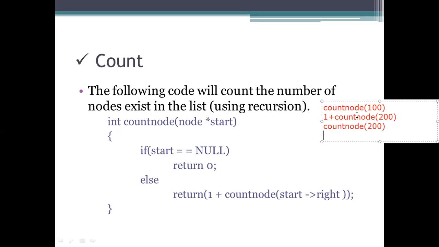It is not equal to null. Then what happens here? Already 1 is added. 1 plus count node of start, now 200, and start's right is 300. Again it is calling the recursive function, that is count node of 300.